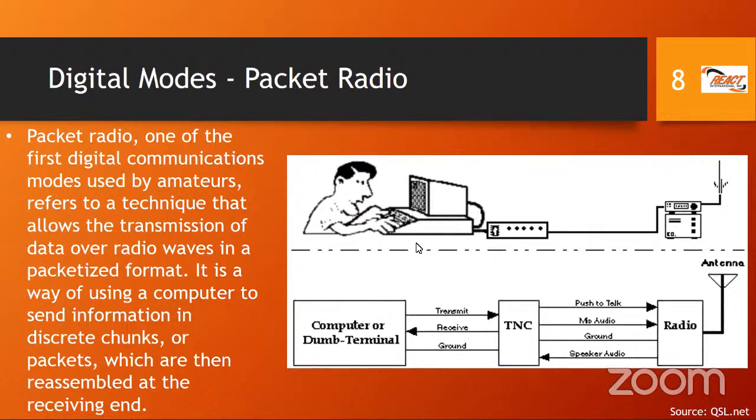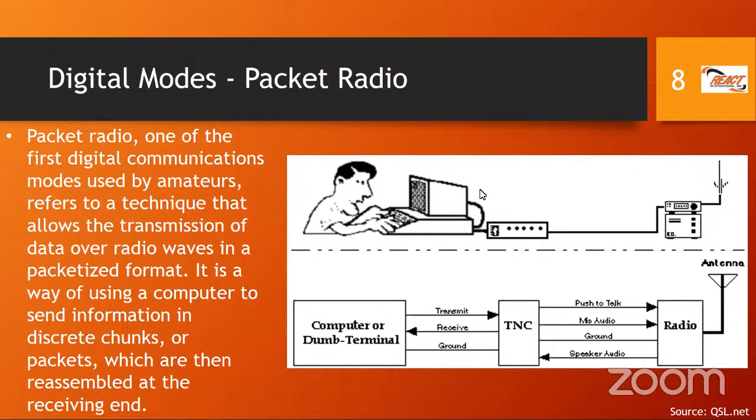And packet radio is one way of signaling from the computer to the radio and sending that information out via radio waves, right? So packet radio, because it's packetized information that is sent across to the radio, and it's sent out over the airways and received by another amateur radio, converted into packets and sent to the receiving computer.